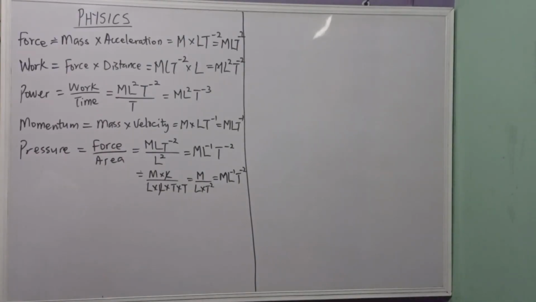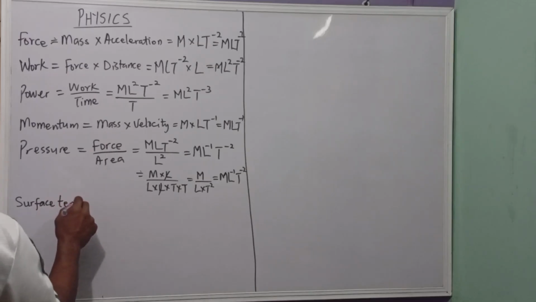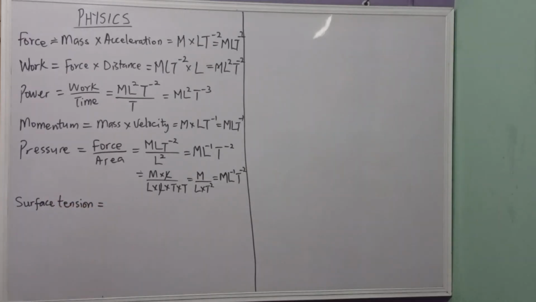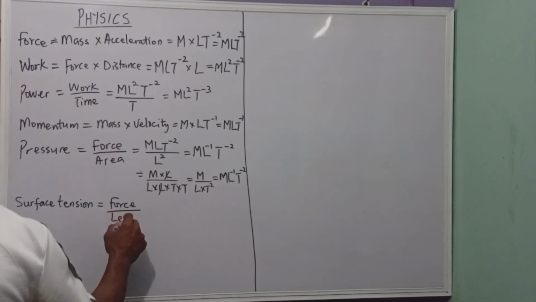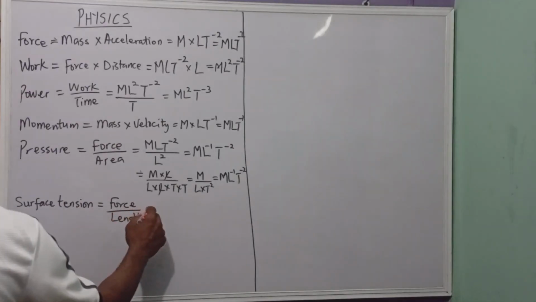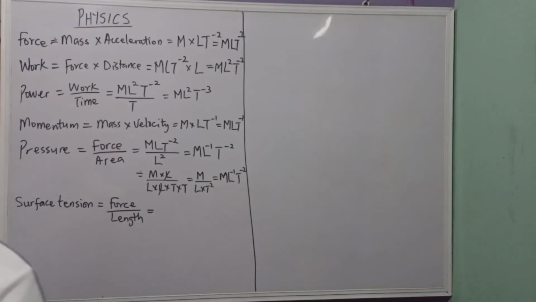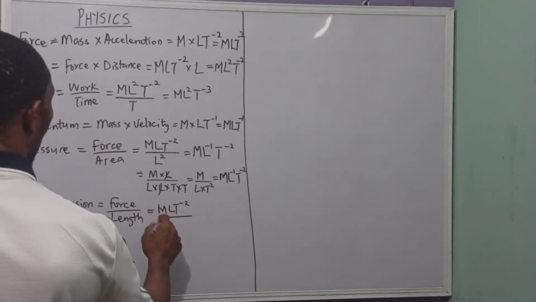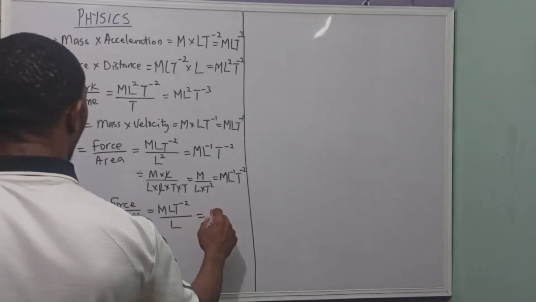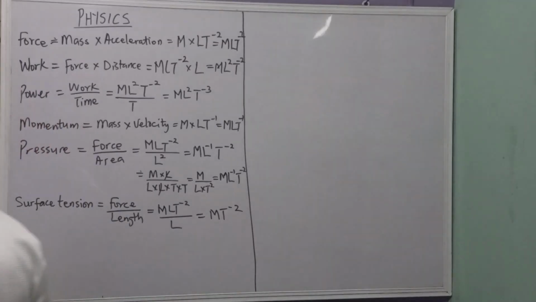Next we'll be looking at surface tension. For surface tension, we have it as force over length. Our force is M L T minus 2 and length is L. So this gives us M T minus 2 for surface tension.